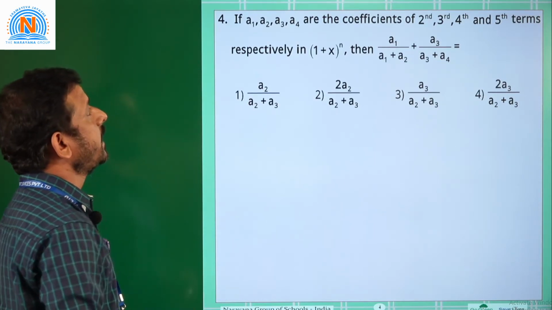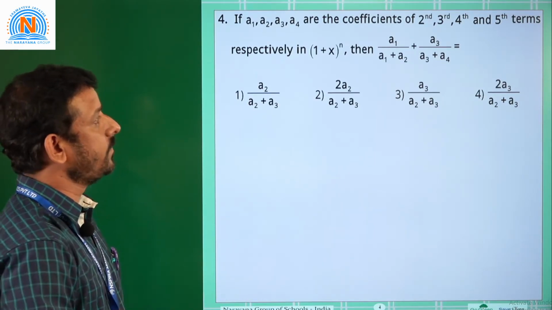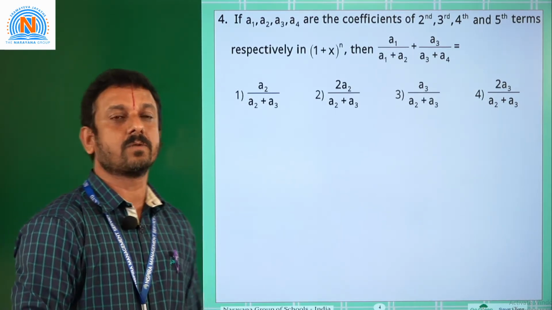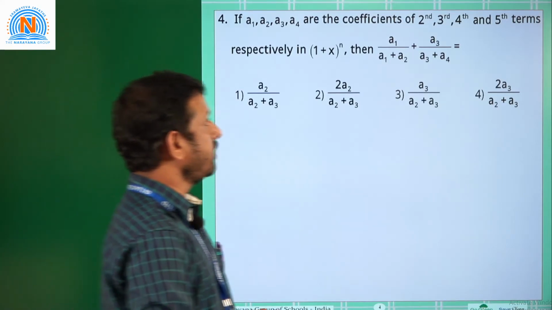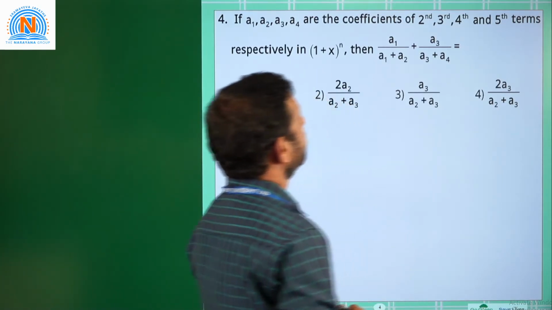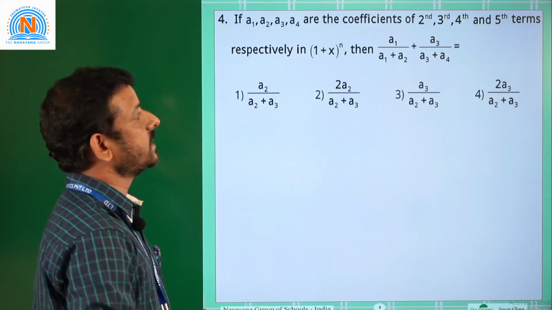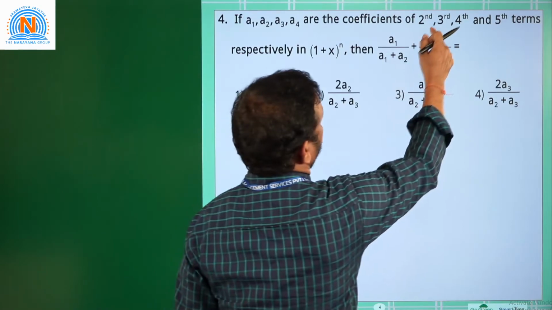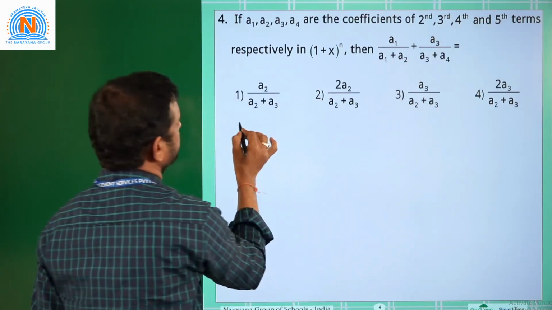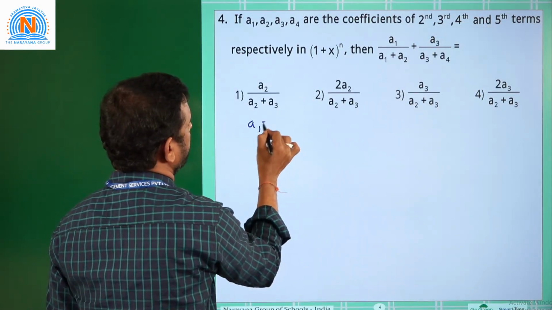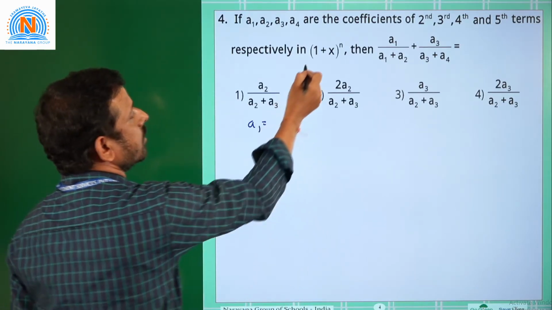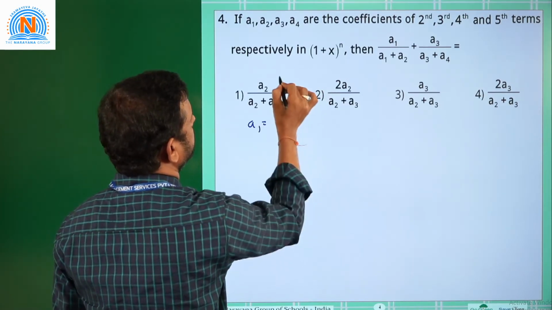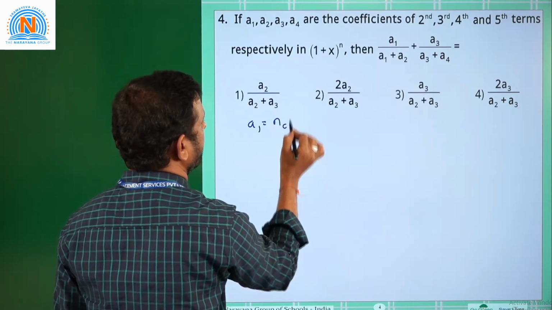Now if A1, A2, A3, A4 are the coefficients of the second, third, fourth and fifth terms in the expansion of (1 plus x) to the power n, then A1 by (A1 plus A2) plus A3 by (A3 plus A4). Just see here, A1, A2, A3, A4 are the second, third, fourth and fifth terms. A1 is the second term, which is nC1.